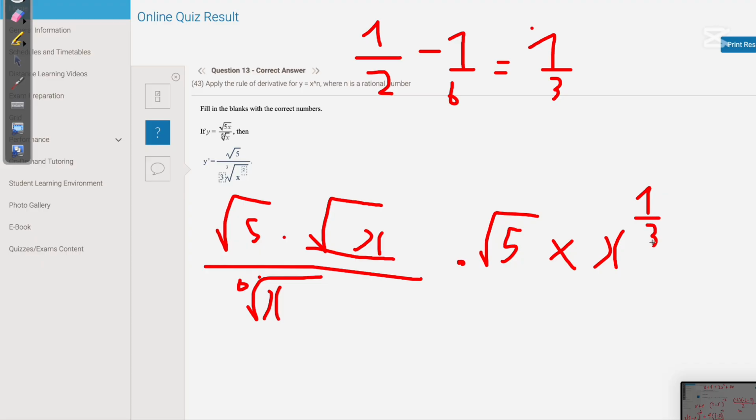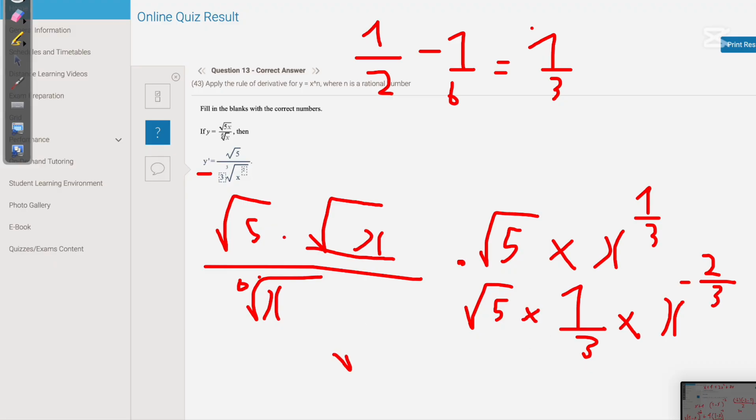Then we do the derivative, since they're asking for y prime. It's radical 5 times 1 over 3 times x to the power of negative 2 over 3, which is equal to radical 5 over 3 cube root of x squared.